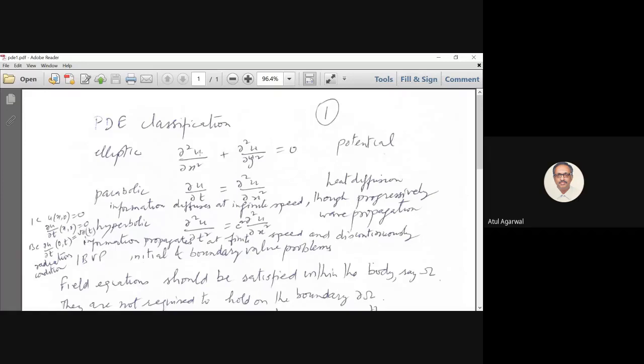In the parabolic differential equation, there is only a first derivative with time of the unknown variable u. So here you will have to give some initial conditions. For the parabolic situation, where you have a first derivative only, your initial condition is either displacement or velocity.